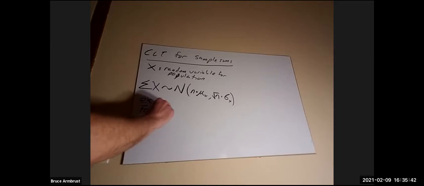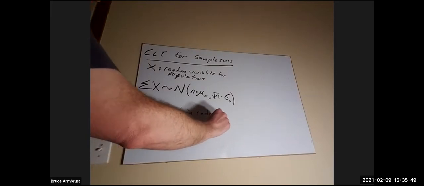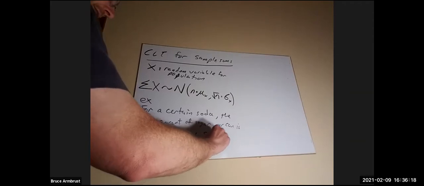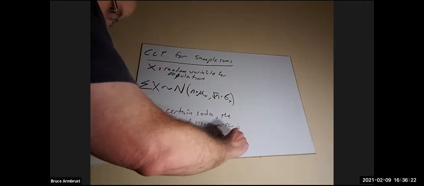All right, so let's say that we know that for a certain soda, the mean amount of sugar is 39.01 grams per can, with a standard deviation of 0.5.